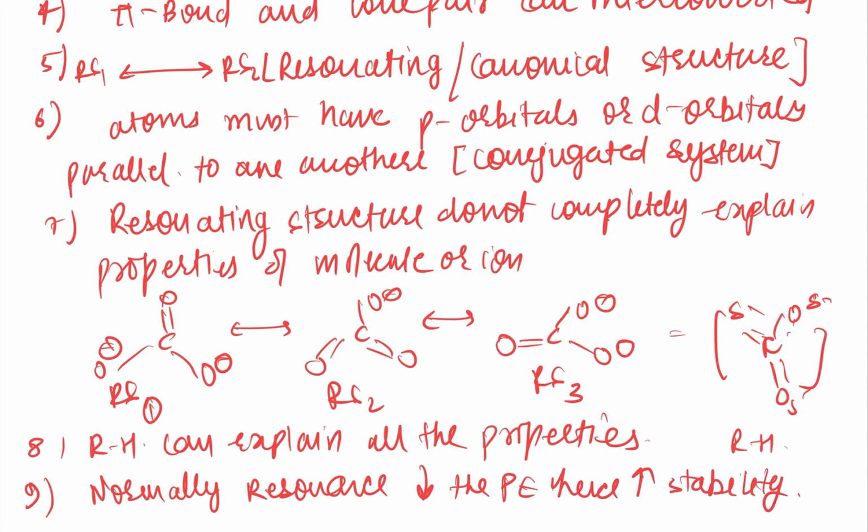Why is it normally, why not always? We will see there are anti-aromatic systems. We will look at that further. There are some anti-aromatic systems which decrease the stability, rather than a non-aromatic or a normal conjugation. So we will dig deep into that. This was just the basic definition of resonance.